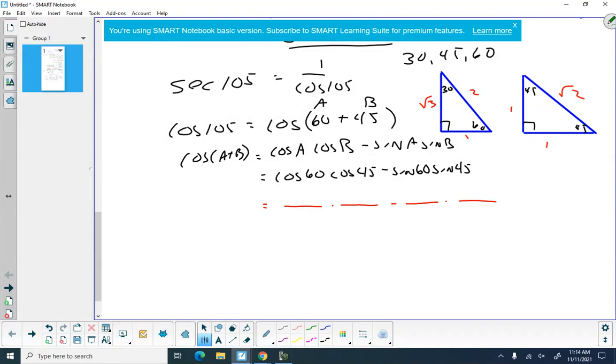Cosine of 60 should have one half. Cosine of 45, square root of 2 over 2. Once again, rationalize it. You have 1 over square root of 2, so you have square root of 2 over 2. Sine of 60, square root of 3 over 2. And once again, square root of 2 over 2 for the cosine. Multiply your two fractions together.